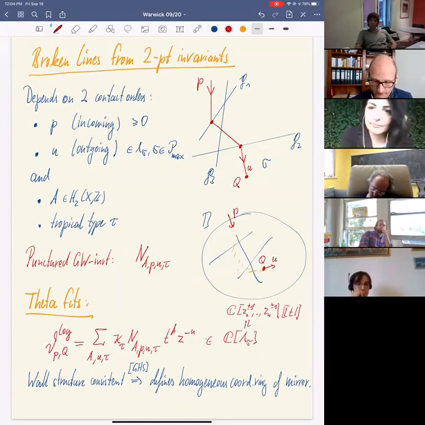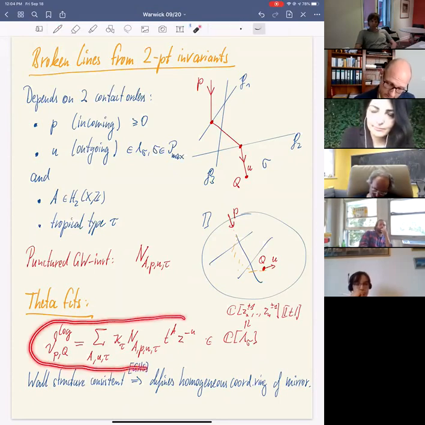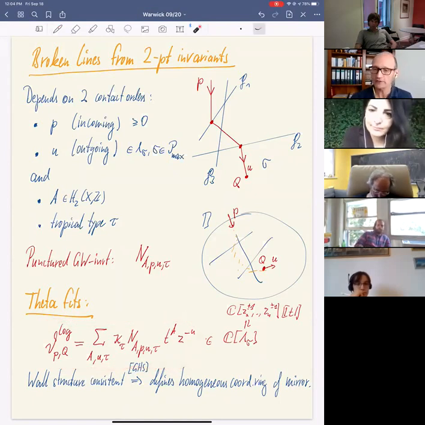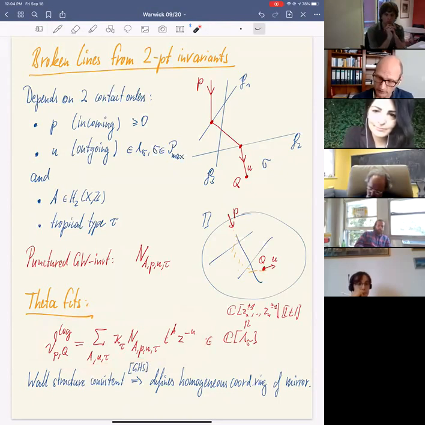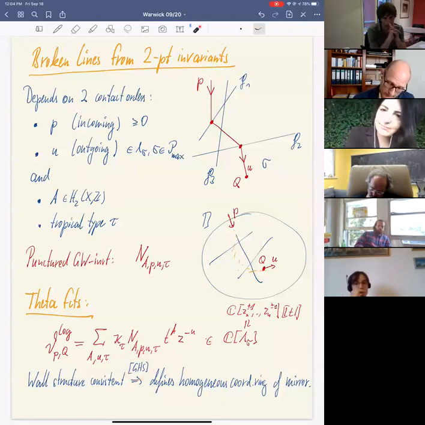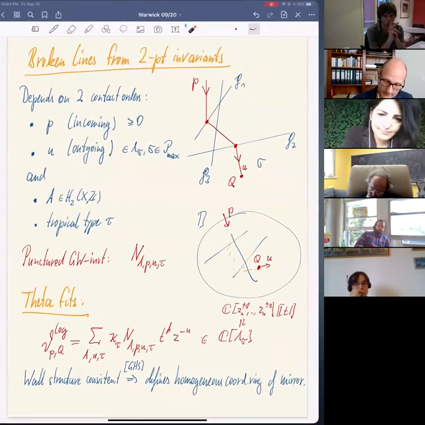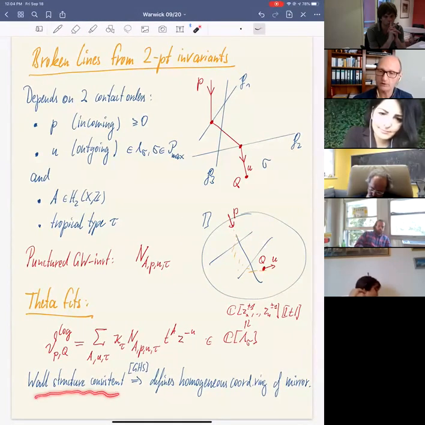Okay, so you get this formal expression that to make sense of it, you may want to cut off T a little bit, but it's a priori a formal function that is now defined at any point Q once you fix U and P. Okay, and in this paper that will come out, this is a little book in the memoir AMS with Mark and Paul Hacking, we showed that if there's a certain condition on this wall structure, consistency, then actually you can use this definition to define the homogeneous coordinate ring of the mirror.